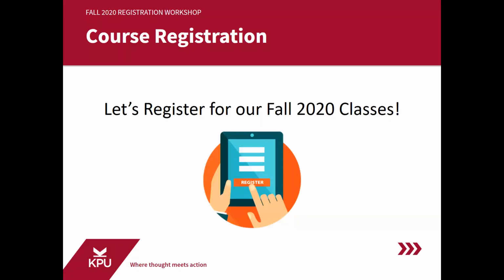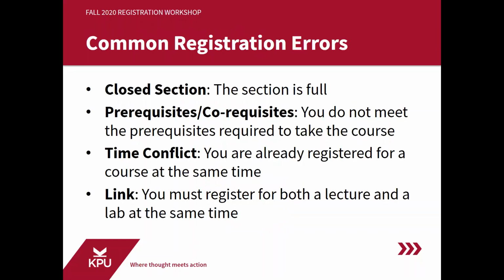Okay, so let's talk about registration for the fall 2020 classes. When you try to register for classes, there might be times that you see some errors. For example, closed section means the section is full.